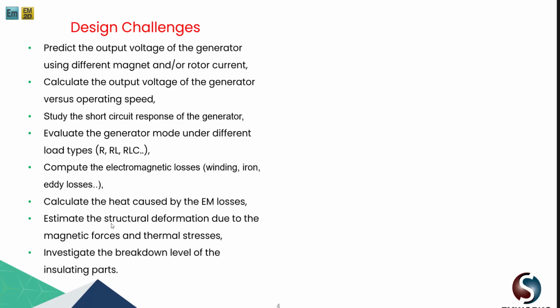And we know that heat causes deformation, so how to estimate the deformation of the generator under thermal stress. And lastly, how to investigate the breakdown level of insulating parts.